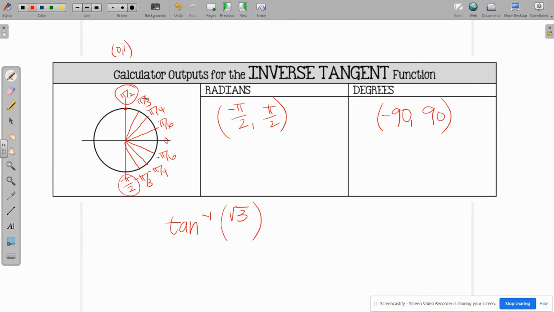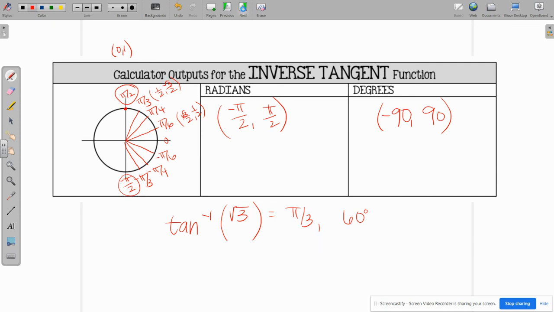So we would have to go through and either think through these, right? So it's positive. That means that I'm looking for an angle in the first quadrant because I know tangent is positive there. And then I would have to think about, well, this is root 3 over 2, 1/2, and this one is 1/2, root 3 over 2. Well, it's y over x, so I know root 3 over 2 over 1/2 is a positive root 3. So that means my answer is going to be pi over 3, or 60 degrees.